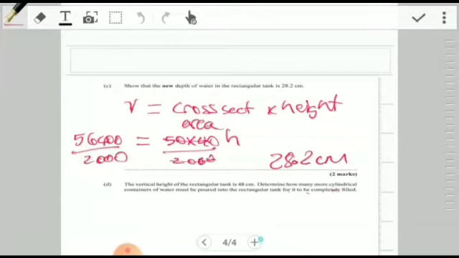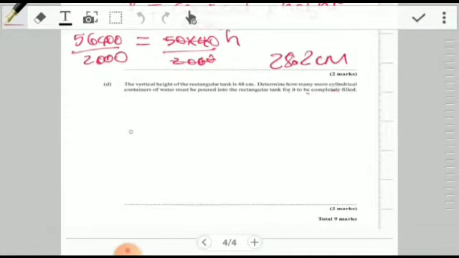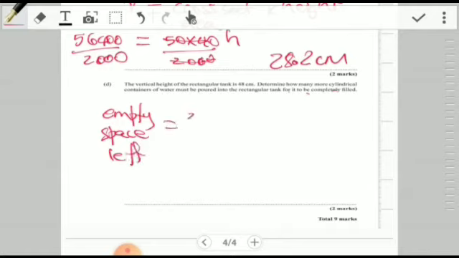Let us see the empty space left. It is simply 2,000, which is the base, times 19.8. If we multiply this, then we would have 39,600 cm cubed of space to be filled.